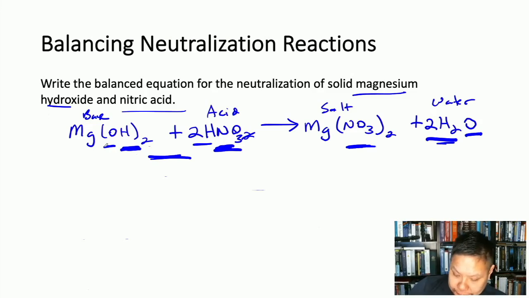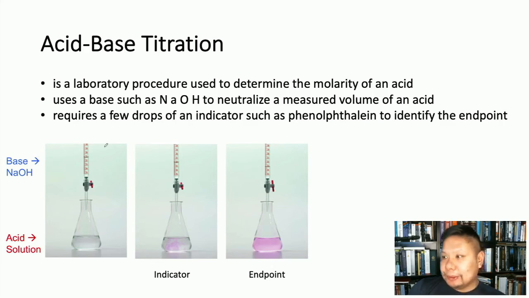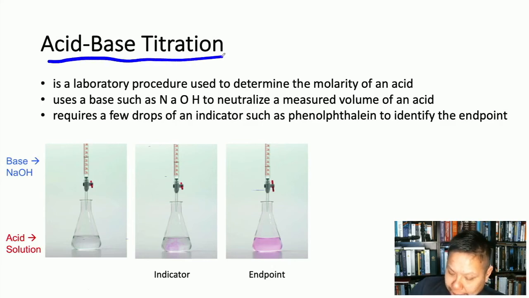So oftentimes when we're in the laboratory, we'll have a bottle of acid of some sort, and we have no idea what the concentration of that acid is. So to figure it out, we carry out an experiment called an acid-base titration. In an acid-base titration, we can use something like sodium hydroxide to neutralize a measured volume of acid.